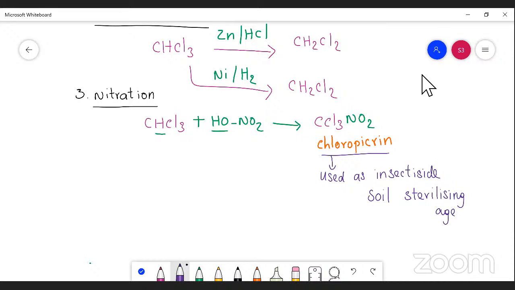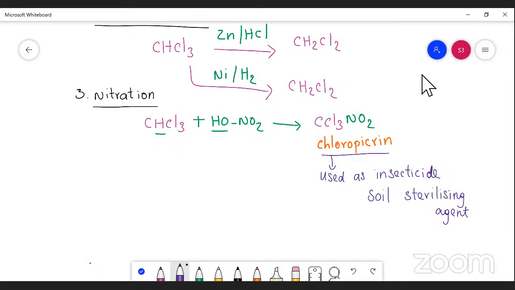So chloropicrin is used as an insecticide and soil sterilizing agent.